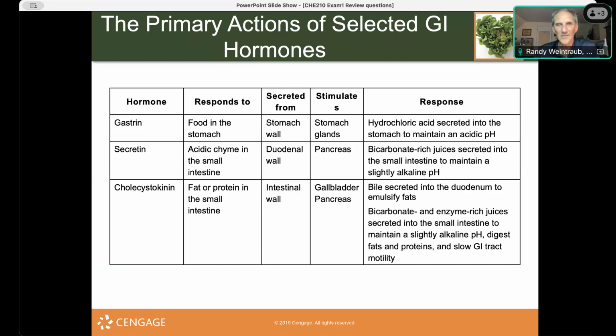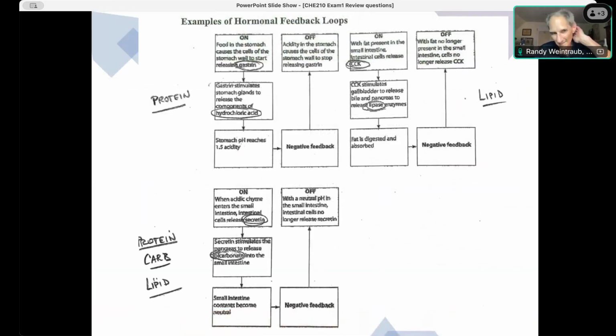And a really important graphic, or table rather, in your book. So know the workings of these digestive hormones, where they work, what they do, what organ they act on primarily. And so this is an example of feedback loops.